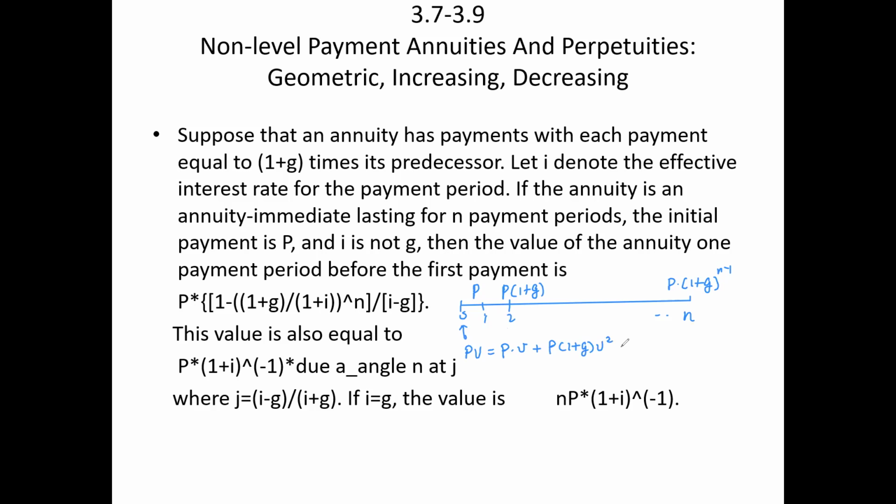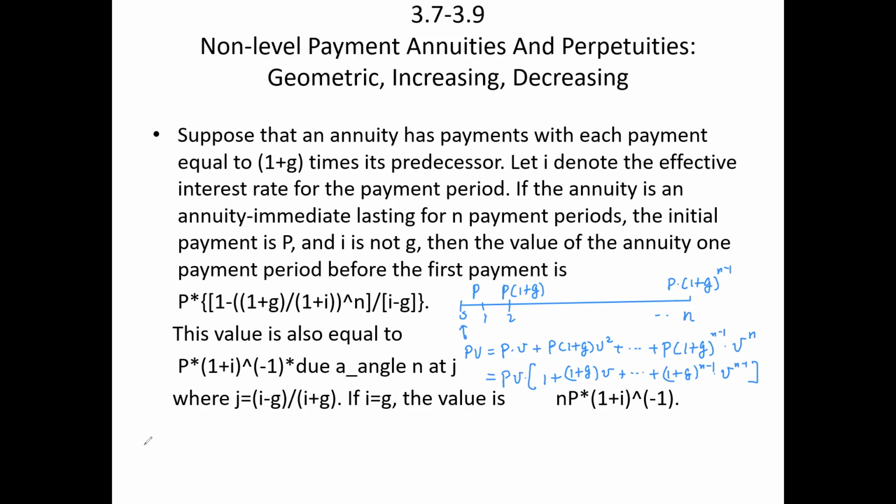By the way, V is the discount factor, which equals 1 over 1 plus I. You have a common factor of PV and move it out, multiplied by 1 plus G times V plus dot dot dot plus 1 plus G to the n minus 1 times V to the n minus 1. Okay. And then we have the sum of a geometric sequence here.